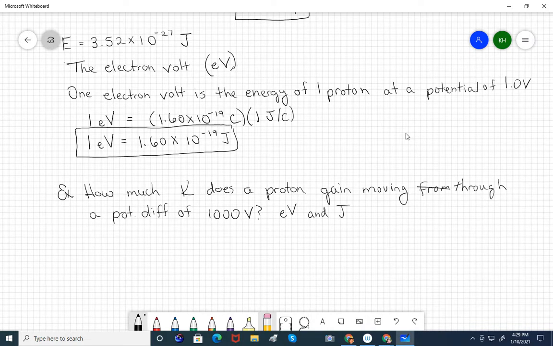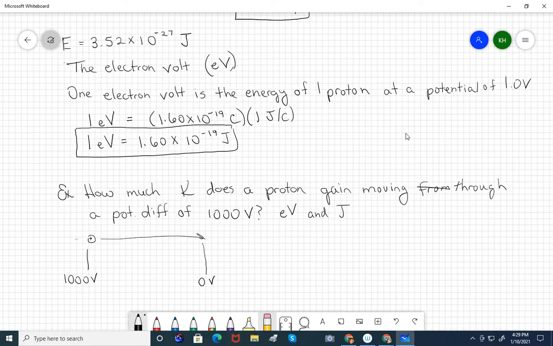So we've got the proton. It naturally goes from high. It starts off at 1,000 volts, and it moves till it reaches some point we consider 0 volts. It moves through a potential difference of 1,000 volts.